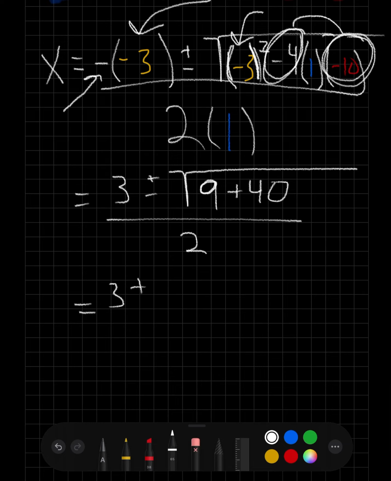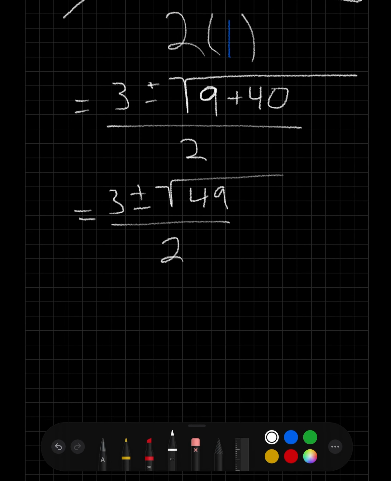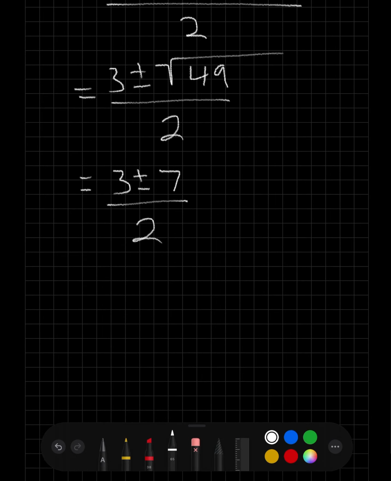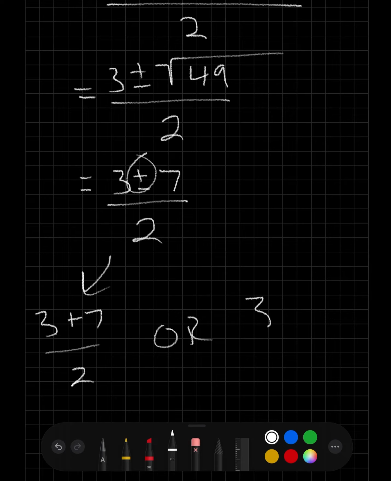So then this simplifies to 3 plus or minus the square root of 49 divided by 2, which simplifies to 3 plus or minus 7 divided by 2. And now here's where the plus or minus magic comes in. This gives me 2 answers: 3 plus 7 over 2, or 3 minus 7 over 2.